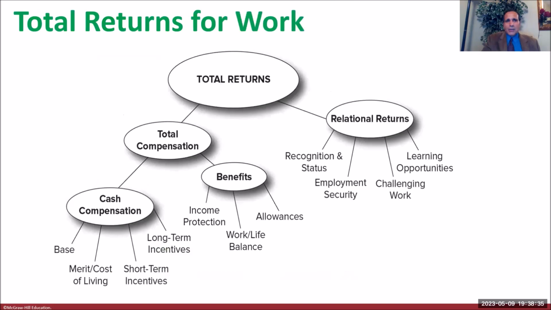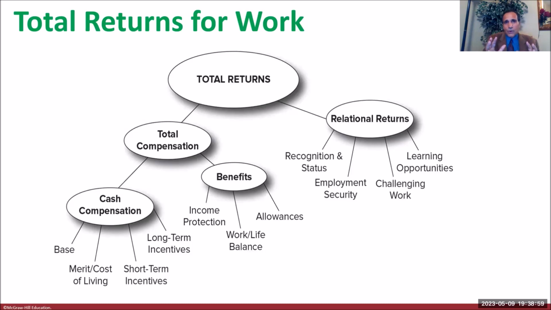So this model of total return is very comprehensive. Total rewards or total returns includes relational returns, as well as the compensation, which can be in the form of cash or benefits. So the entire semester is basically organized around this model.